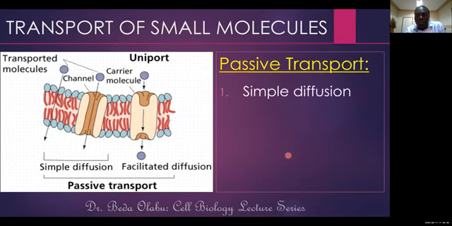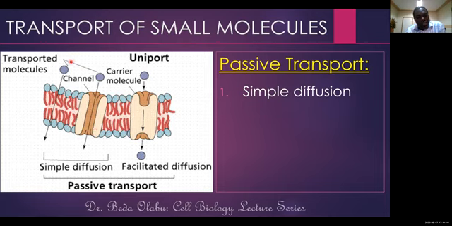There are three forms of passive transport. The first is what we call simple diffusion. This is what you learned in high school. If you remember that definition, just put it here. That is simple diffusion. But simple diffusion can occur directly through the membrane or through an ion channel like this one.